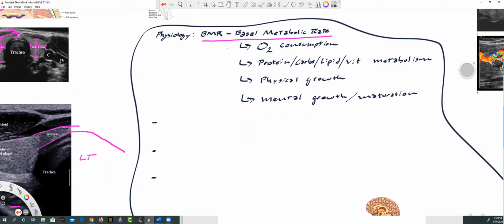Get me started on carbon dioxide. And protein, carbs as in sugars, lipid as in fats, vitamins as in vitamins, metabolism of those: proteins, carbs, lipids, and vitamins. Physical growth and mental growth and maturation are all controlled by thyroid hormones.